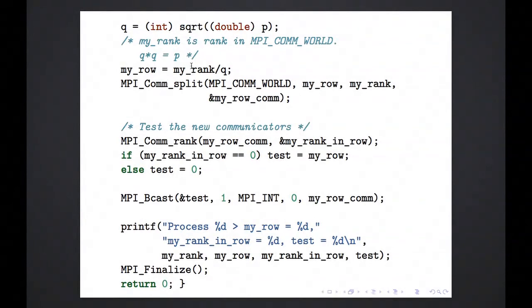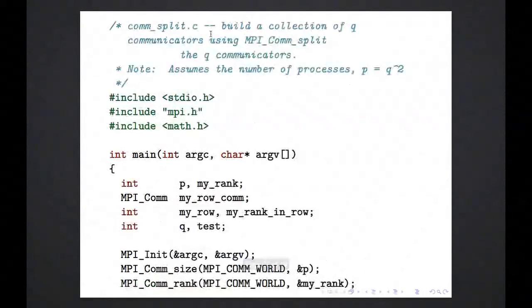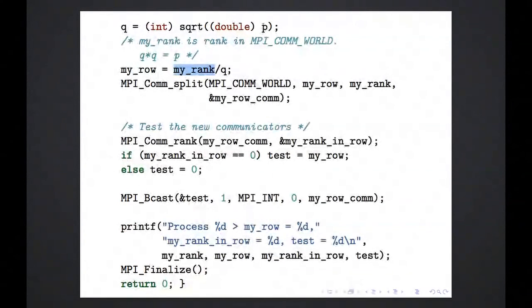So I compute my row, which is just my rank divided by Q. Remember that in this example, if we had 9 processes, then Q will be 3. So for processes 0, 1, 2, my row is 0. All those processes get color 0, if you will. Then processes 3, 4, 5 get color 1, and the rest get color 2.